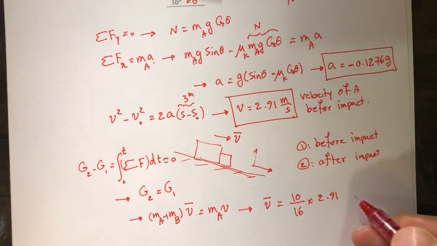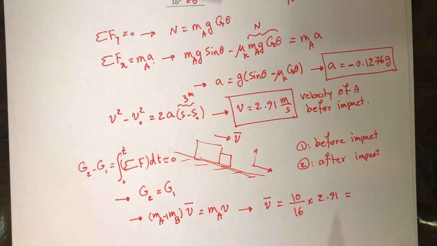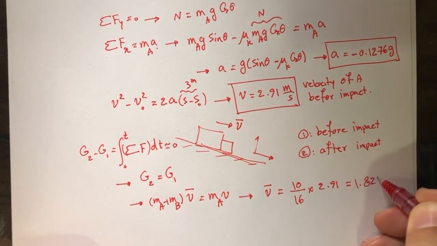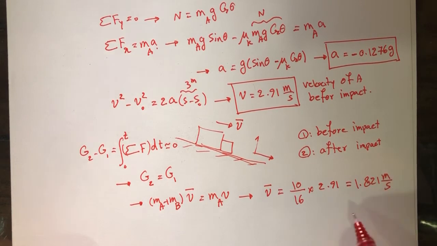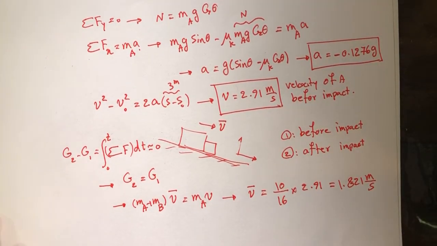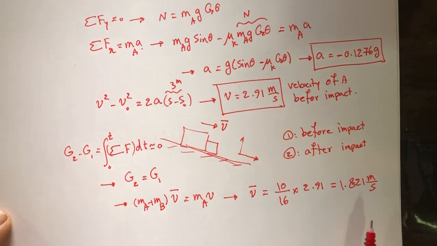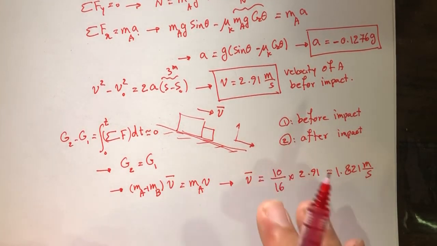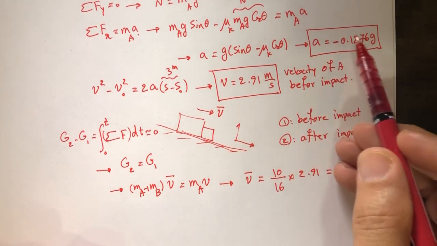And if you calculate this, it's going to be 1.821 meters per second. So this is the velocity of both masses together, which stick together after impact. After impact, again, both of them are going to move down with the constant acceleration which we calculated before.